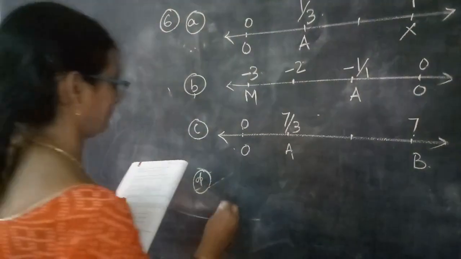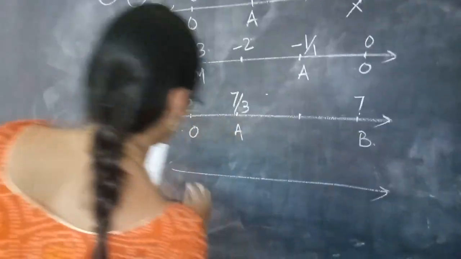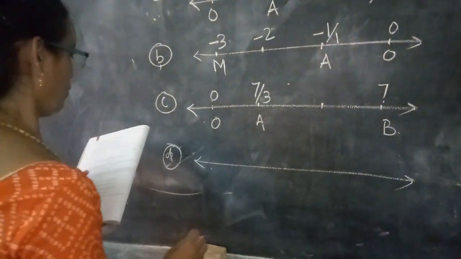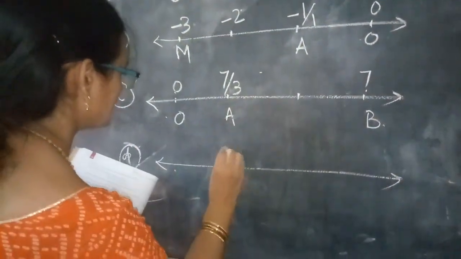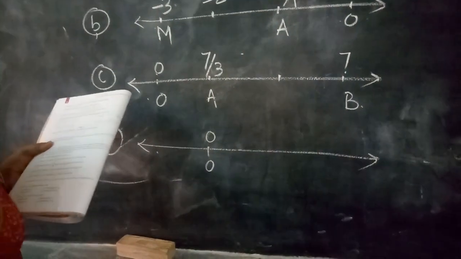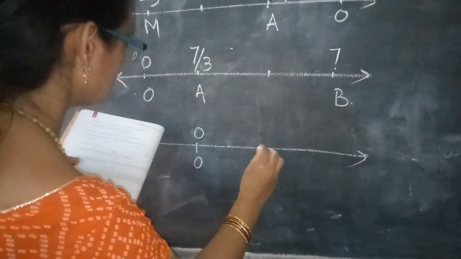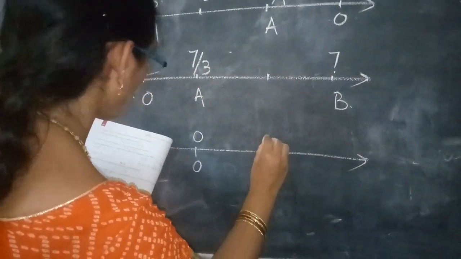D. O represents 0 and O to Z is equal to 1.